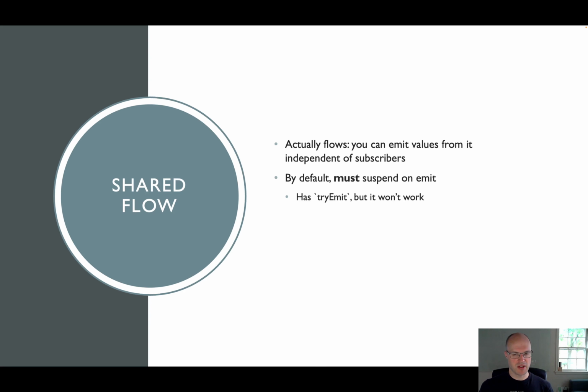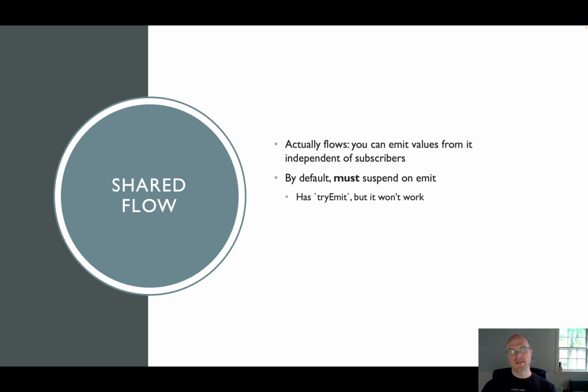The reason that matters is, if I emit a value and then I want to continue looping and emit another value, how do I guarantee that the first value is actually going to get out the door, that someone's going to see it? I have to actually suspend to wait for a subscriber to come along and grab that value from me. And once they've done that, then I'm free to continue and I can emit another value.